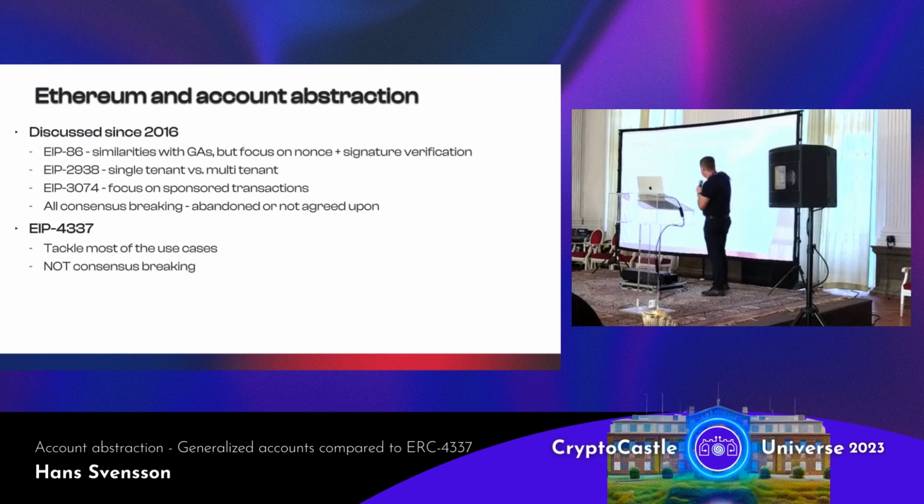Also, the first 3 tackled one or two of the use cases, while this one tackles almost all of them in one suggestion, which is why it has gained a lot of attention lately. It's been around for almost 2 years, I think, but mostly in the last 6 to 9 months, it has really picked up big.